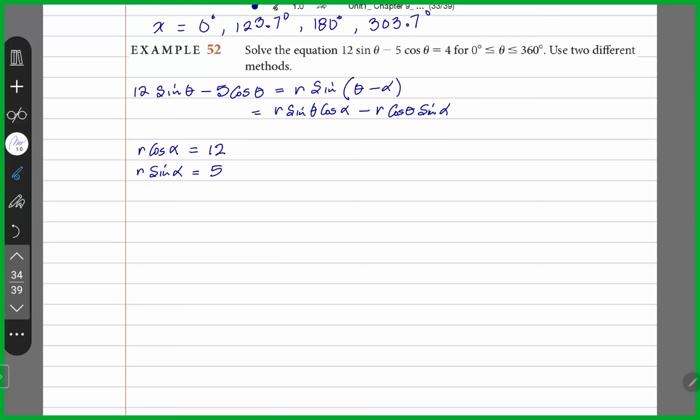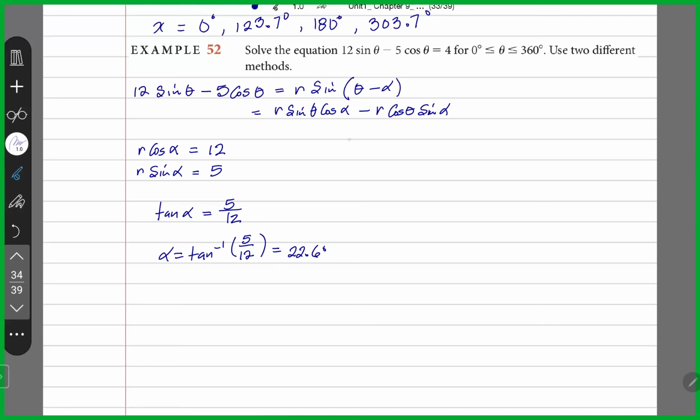Sine divided by cos is tan, so tan alpha is equal to 5 over 12, and alpha is equal to tan inverse 5 over 12. This is 22.6 degrees.